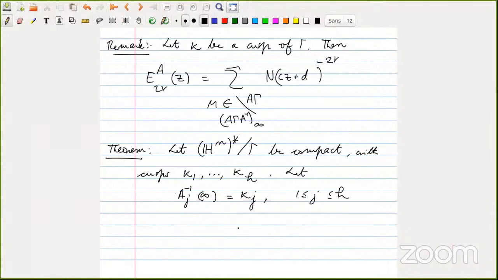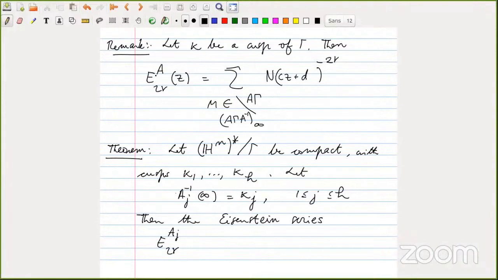Then we can look at the Eisenstein series which look like the above one which I have just written. Here I have E_2r of A_j now.